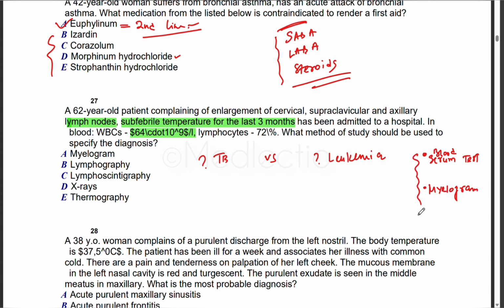Here they are suspecting a TB which is situated in the spinal canal, so for that we can have a myelogram, as we can check the whole spinal canal anatomy. X-rays and thermography are not useful here. So here you have to do the DX, and first one we should do serum test. There is no such option here, so then we can go for myelogram.